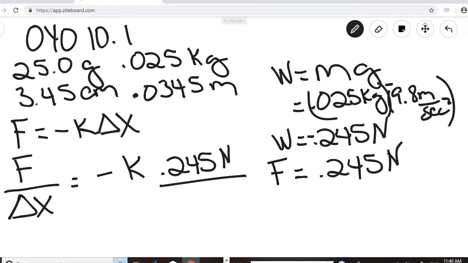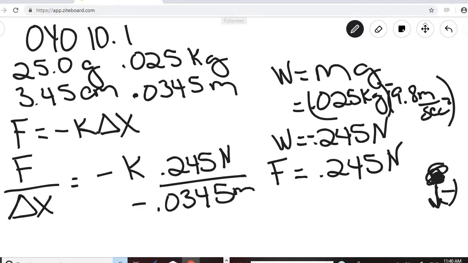And delta x will be in the negative direction because that weight is going to stretch the spring downward, and we usually define downward as negative. So delta x will be negative 0.0345 meters. If we do this math, that's going to equal negative k, and therefore k will be equal to 7.1 newtons over meters.